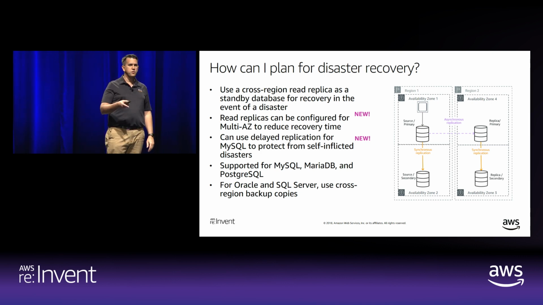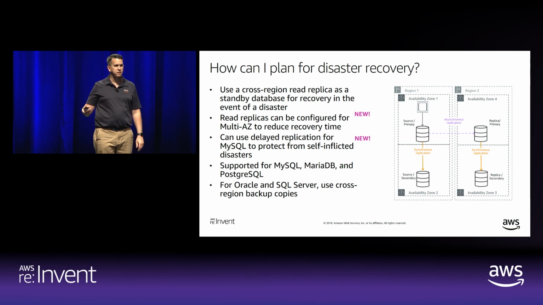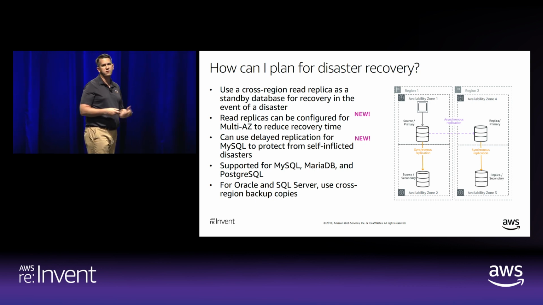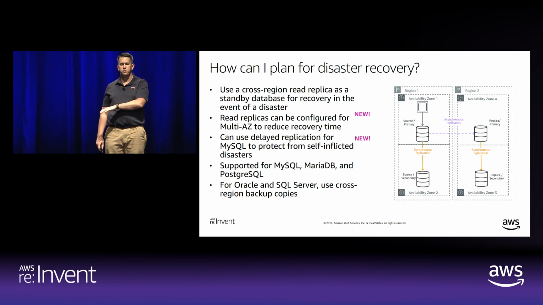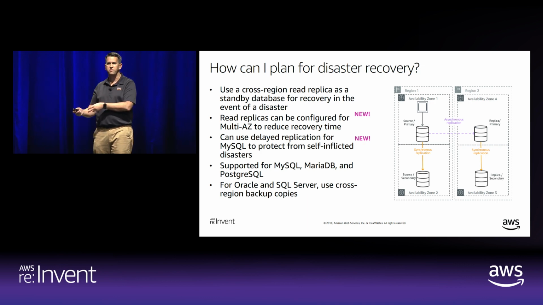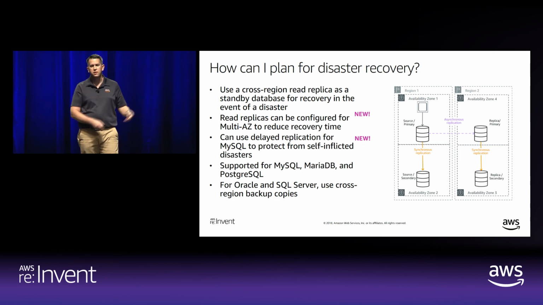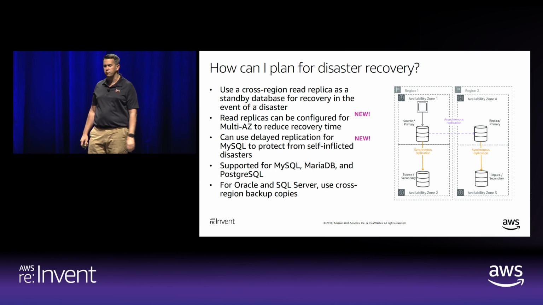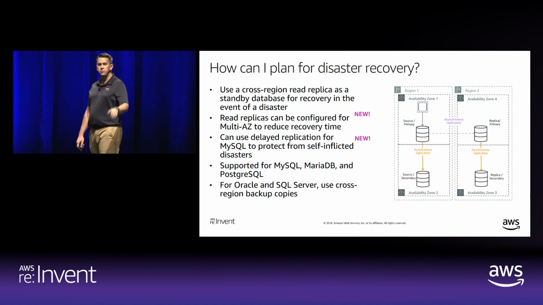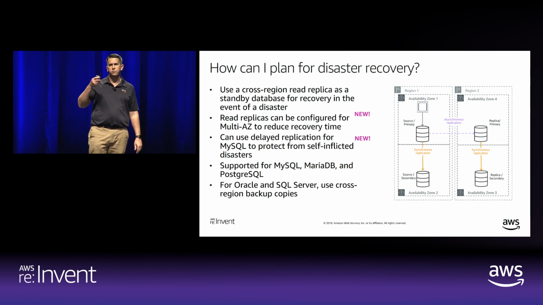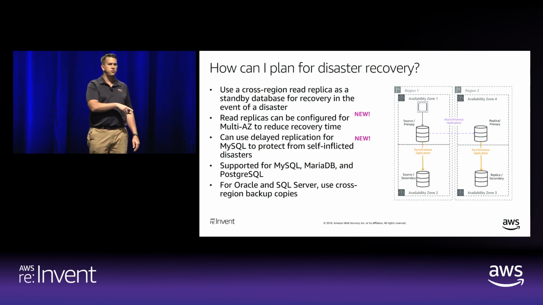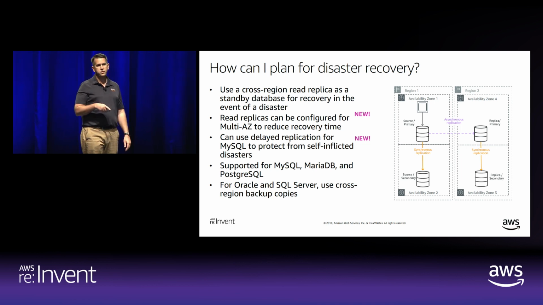Now, with read replicas, we don't promote automatically. We leave that up to you because it's an expensive operation to move your entire infrastructure over to another AZ or another region. If you're moving from US East 1 to US West 2, it's a pretty intrusive operation. But what we do allow you to do is configure that read replica for multi-AZ, so that if you do have a disaster and you want to switch over to that other region, that read replica is already configured for high availability.